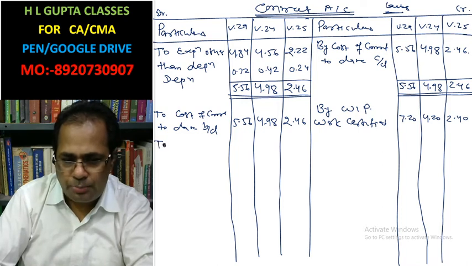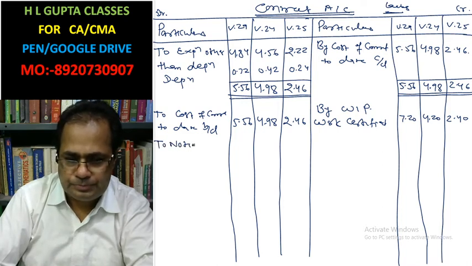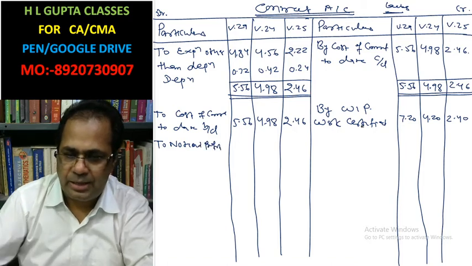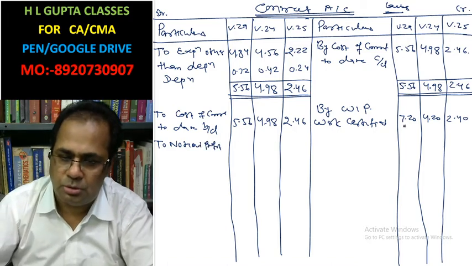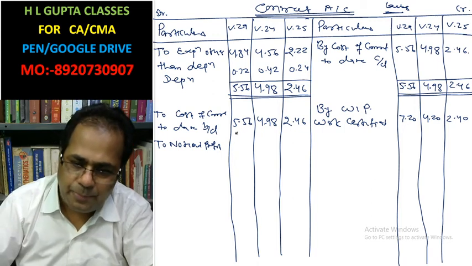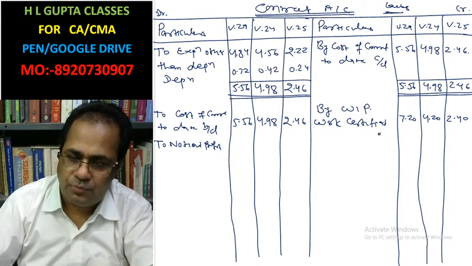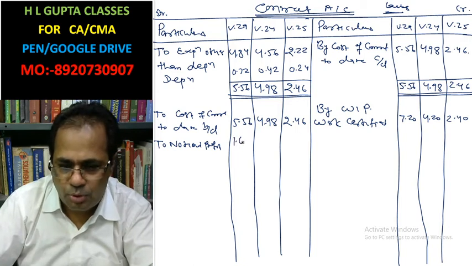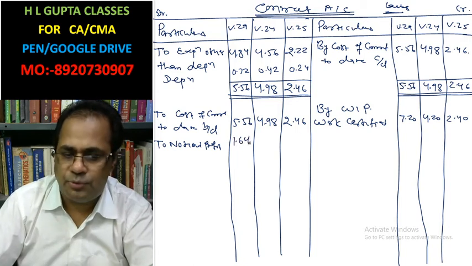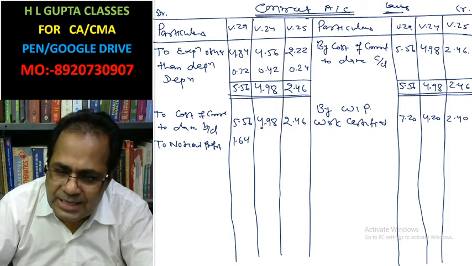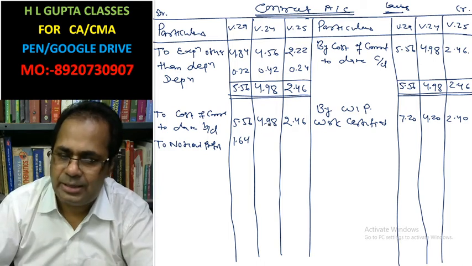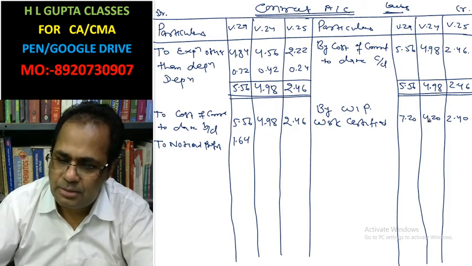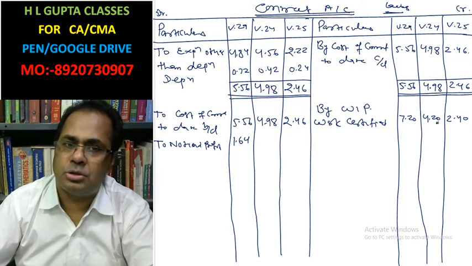To notional profit here: 7.20 minus 5.56 is 1.64. But in the second case, the cost is 4.98 and the work satisfied is 4.20, so it is a loss.